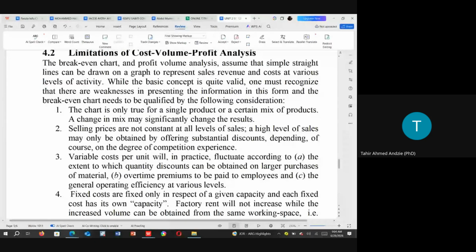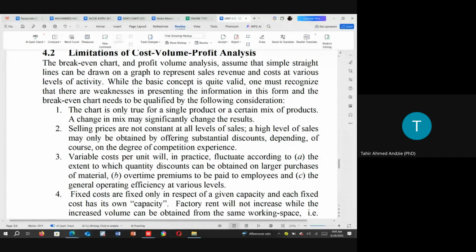We also said that variable cost per unit will, in practice, fluctuate according to: A, the extent to which quantity discount can be obtained on larger purchases of material; B, overtime premium to be paid to employees; and C, the general operating efficiency at various levels.